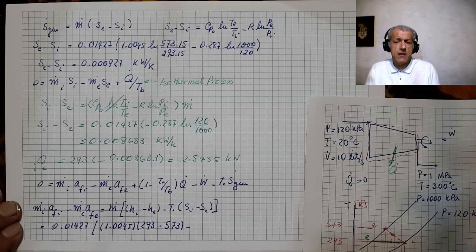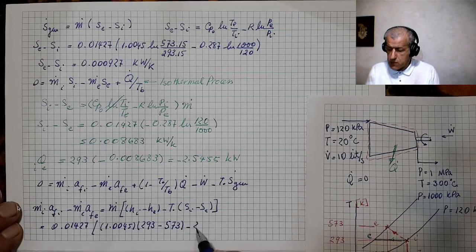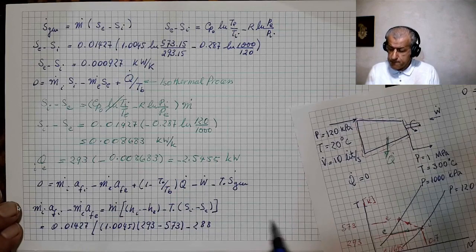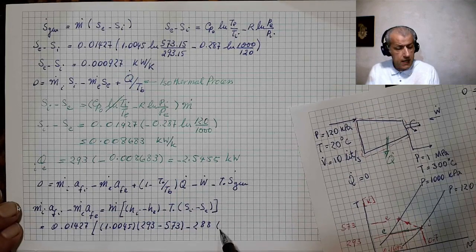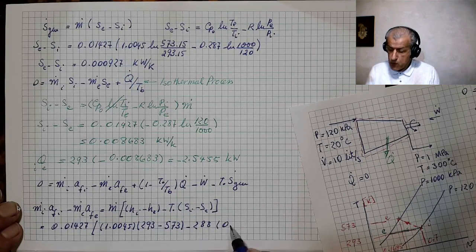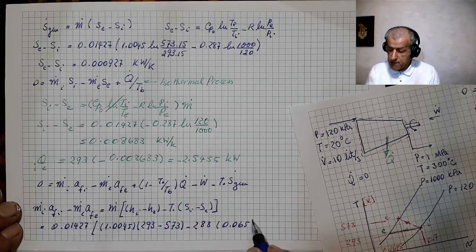We have to define some value for the ambient temperature. Let's call it 15 degrees, so we should make it 288, times Si minus Se, which is 0.065.